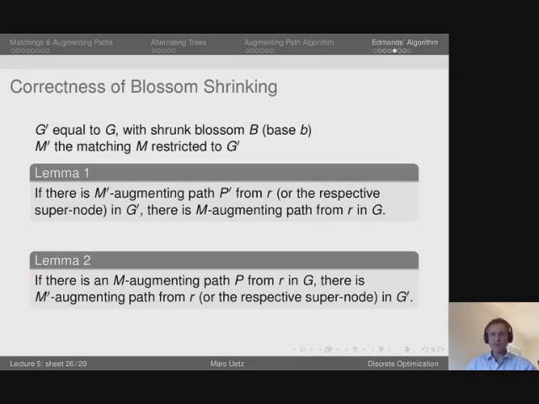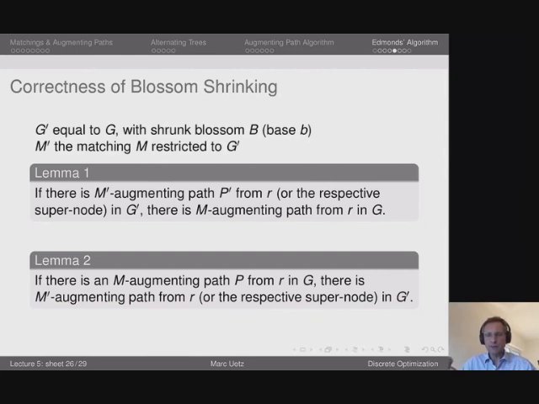Our earlier problem was that we were unable to find some of the augmenting paths because of the presence of odd length cycles. And now, if there exists an M augmenting path in the original graph, and I can show that if this is the case, that there always exists an M prime augmenting path in the new graph G prime with the shrunk blossom, then I'm in shape because of the following reason.